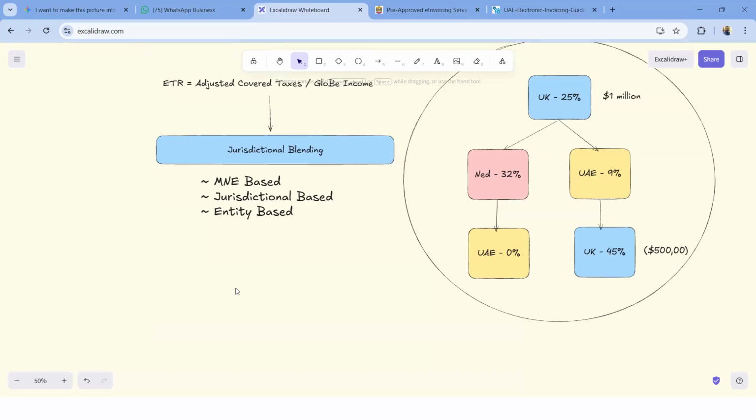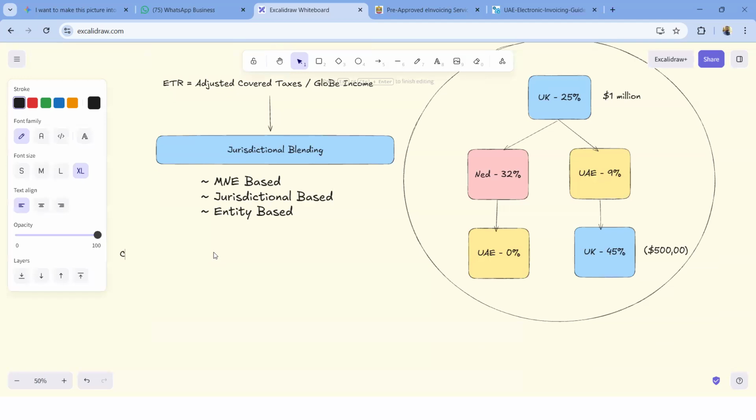Basically, what they are meaning to say is, let's say your denominator, or aggregate globe income, is negative. Okay, in our example, we took like $5 million. And if the denominator is negative, I told you there won't be any top up taxes, right? But there is an exception.